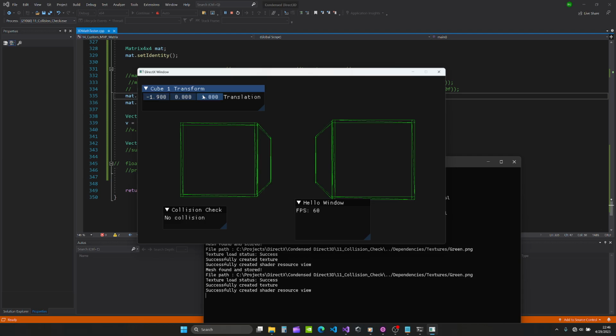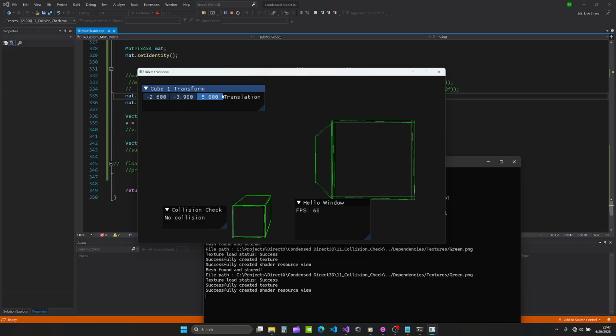But basically positive Z goes forward into the scene in a left-handed coordinate system, and negative Z goes backward. Positive X is on the right, negative X is on the left, and positive on the Y is up, and negative on the Y is down.